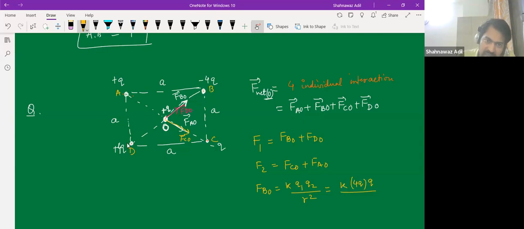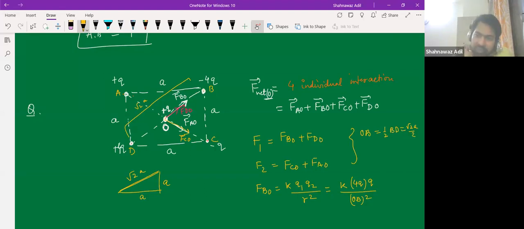This is a square, with sides A and A, so the diagonal is root 2A. OB is half of BD, which is root 2A by 2.